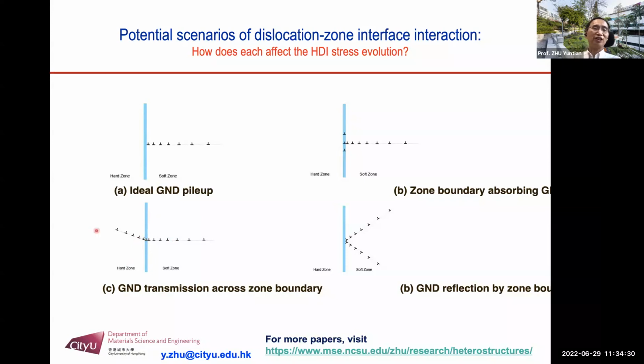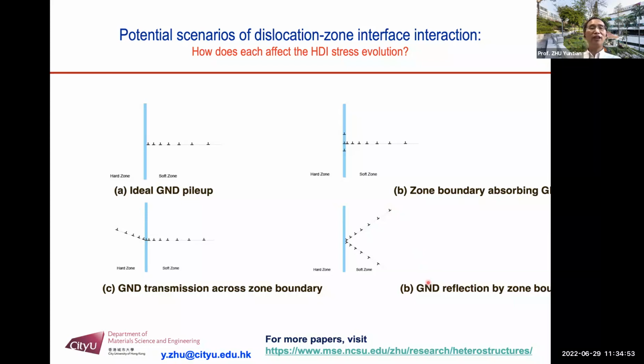So this theoretically can happen also. And another type is the dislocations got piled up here, and then get reflected off like a mirror. This can also happen. This has been observed actually, but it's not published yet.